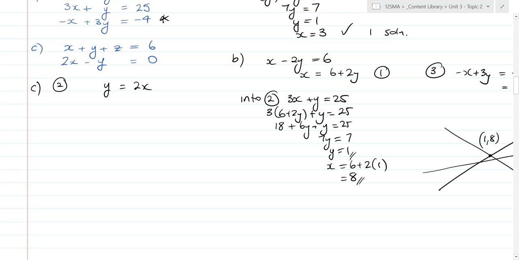Everybody happy with that? If y is equal to 2x, in number 1, I get x plus 2x plus z is equal to 6. And this means that z is equal to 6 minus 3x. But I don't have enough relationships to eliminate x, y or z, so I don't have enough information.